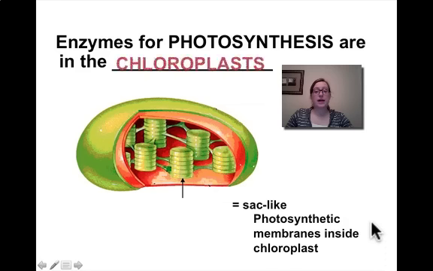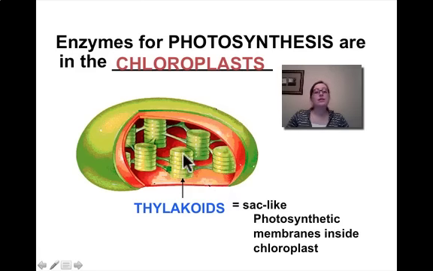So as we said, the main site of photosynthesis is going to be happening in the chloroplast, right? And specifically, there are structures within the chloroplast that are called thylakoids. Each one of these little guys here is a thylakoid. So you see we have many, many stacks of them.